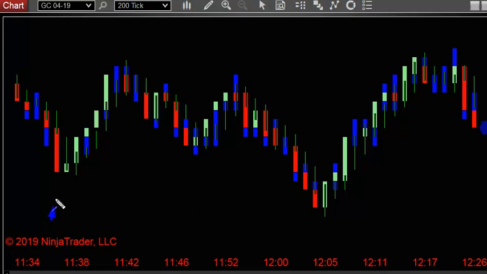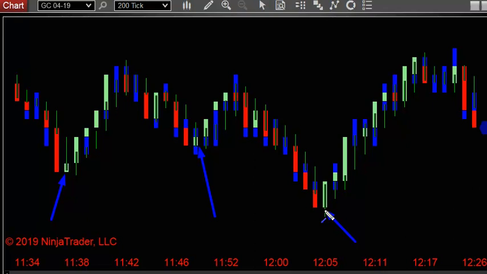If you get a green after a red, and then move down, then what's happening?